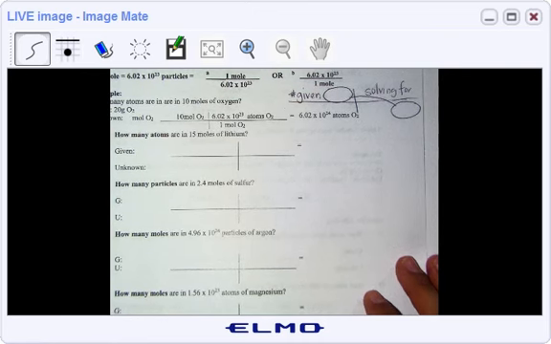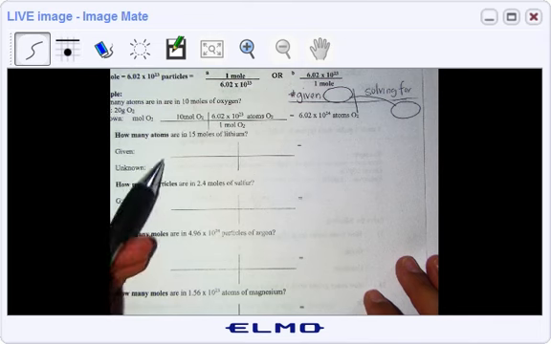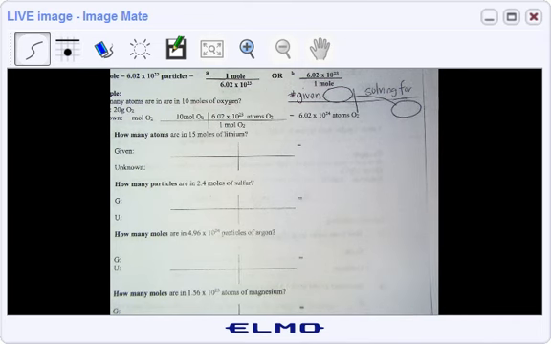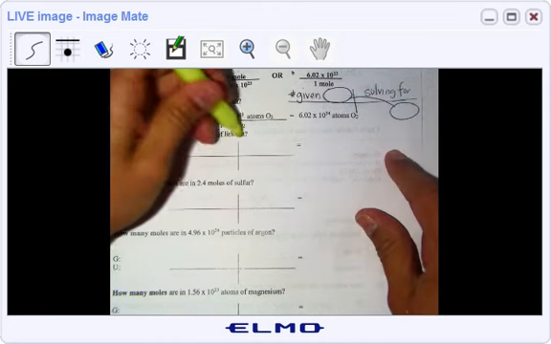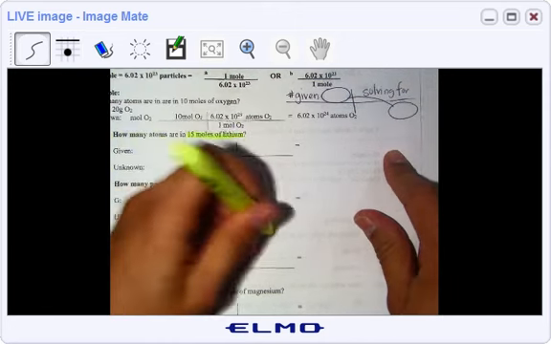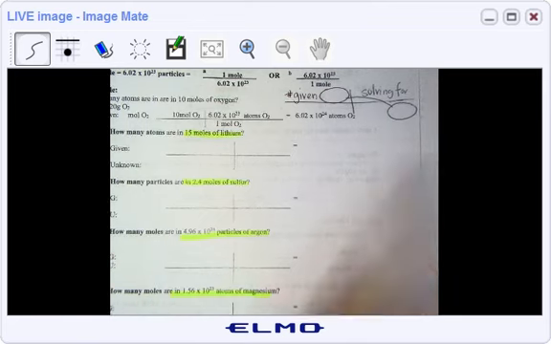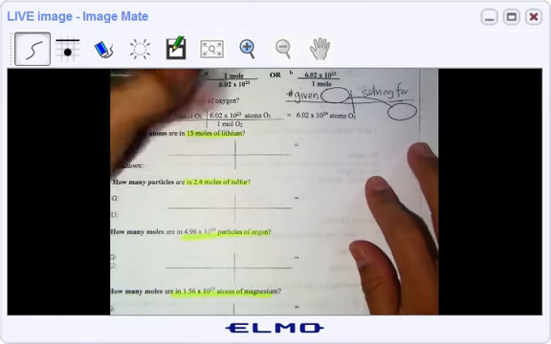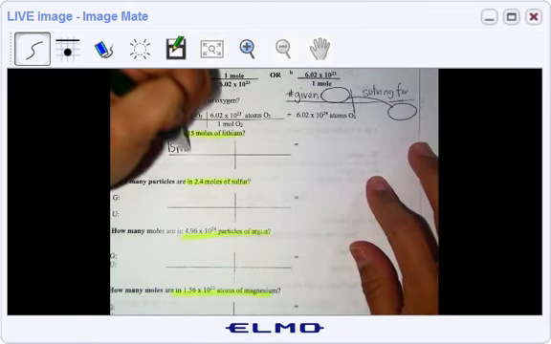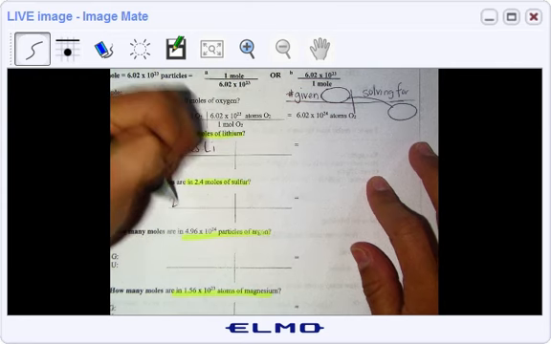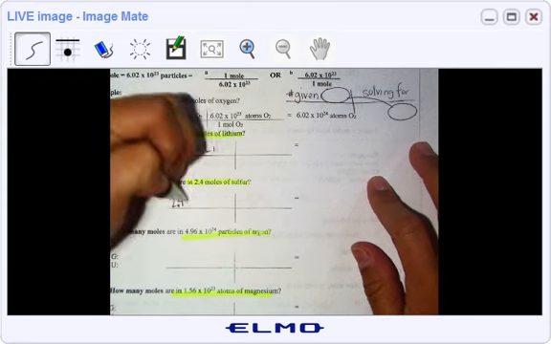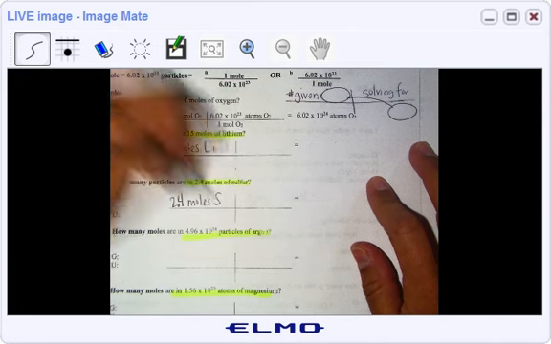Okay, so on the top left-hand corner always goes the number that you're given. Right away I'm just going to do it all the way down the entire worksheet, fill out my top left. And you should be doing the same.